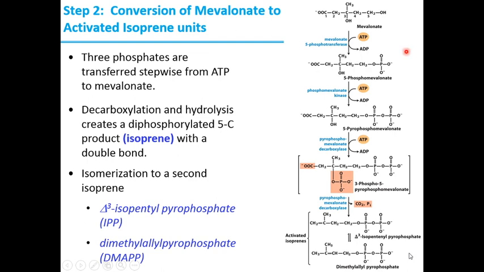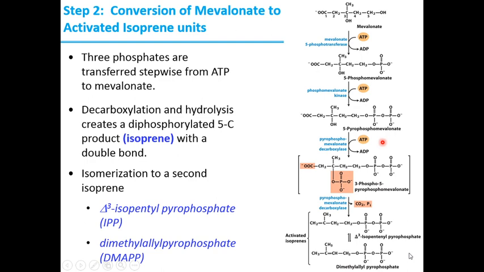In the second step, 5-phosphomevalonate is further phosphorylated by phosphomevalonate kinase, which converts 5-phosphomevalonate to 5-pyrophosphomevalonate.